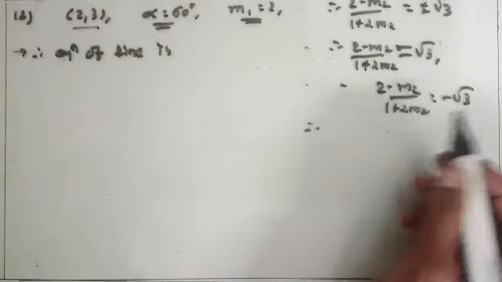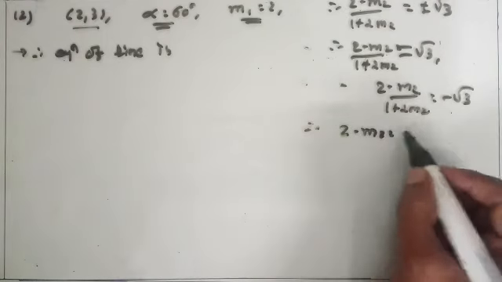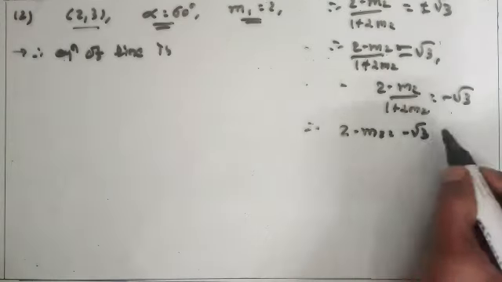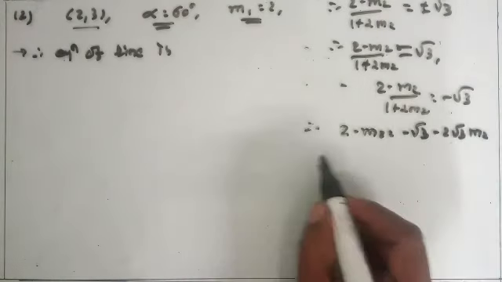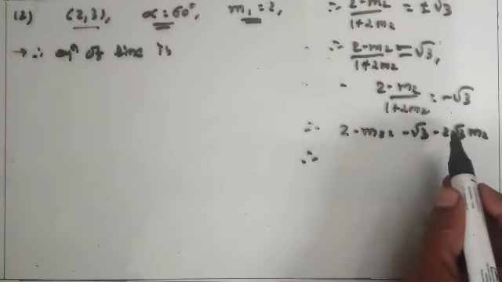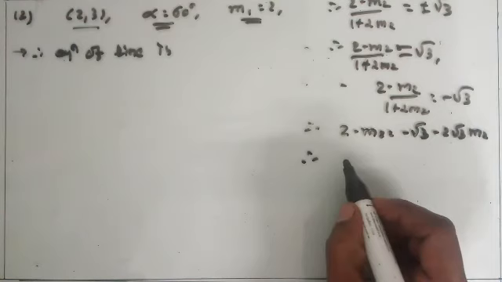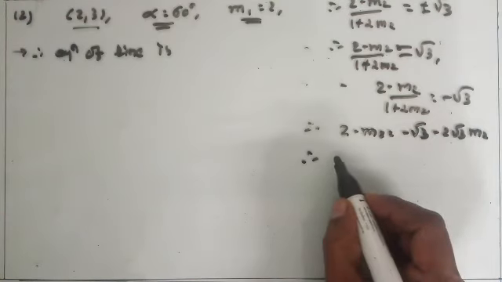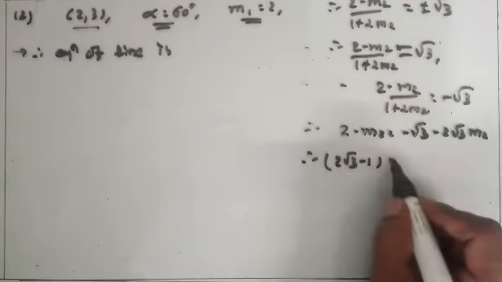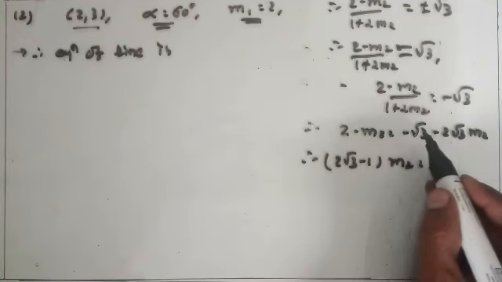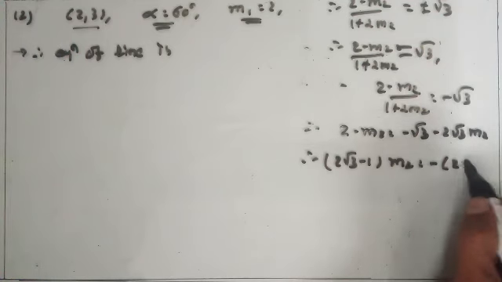(1 plus 2 m2) take this side, so we get 2 minus m2 is equal to minus root 3 minus 2 root 3 m2. Okay, therefore minus 2 root 3 m2 take this side, and m2 take common, we get (2 root 3 minus 1) into m2 is equal to, 2 take this side and minus take common, so minus (2 plus root 3).